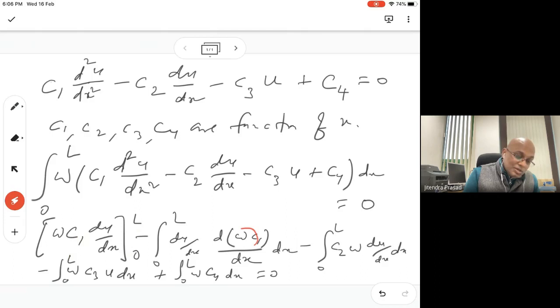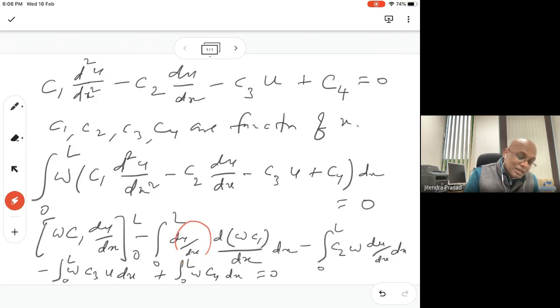Depending on what C1 is, we will get two types of terms. Either we will have du over dx multiplied by W multiplied by dC1 over dx, or, if you expand the next one, du over dx multiplied by C1 dW over dx.